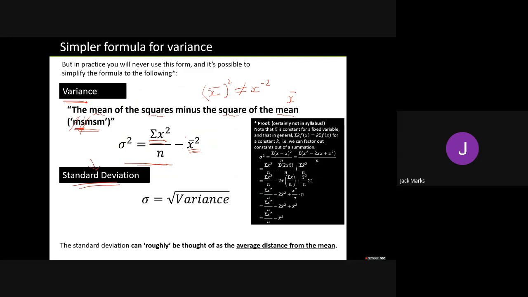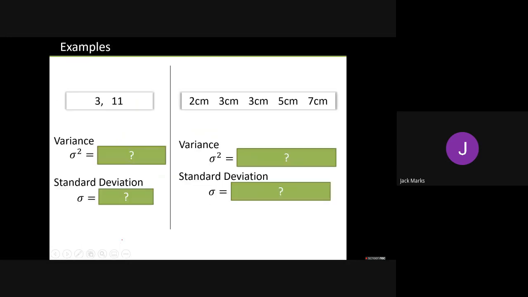All you do is you get your answer from before and you square root it. And this can be thought of roughly as the average distance from the mean. So the standard deviation is a property of data, and it tells you on average how far away the pieces of data are from the mean.